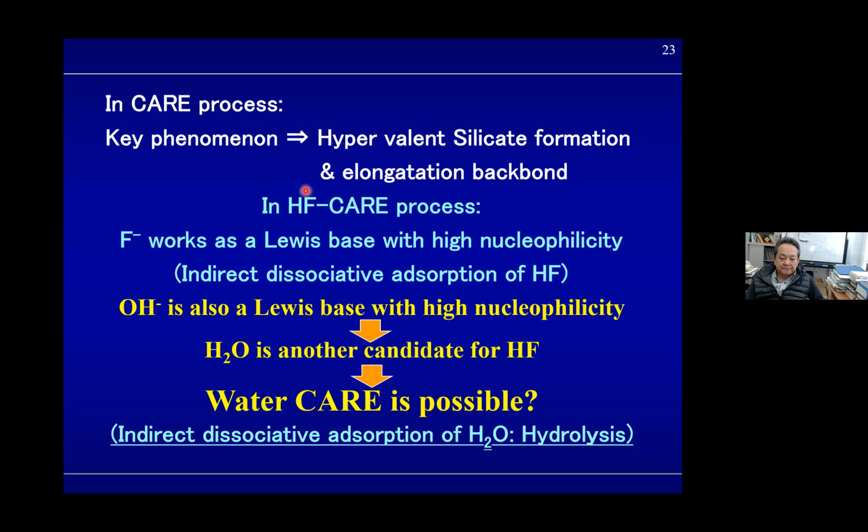But in the HF CARE process, F minus works as a strong Lewis base with high nucleophilicity. So this strength as a Lewis base is the most important nature of F minus to realize hypervalent silicate.